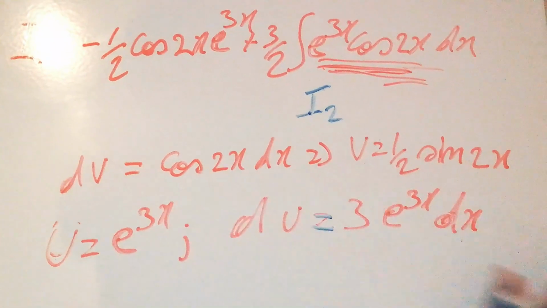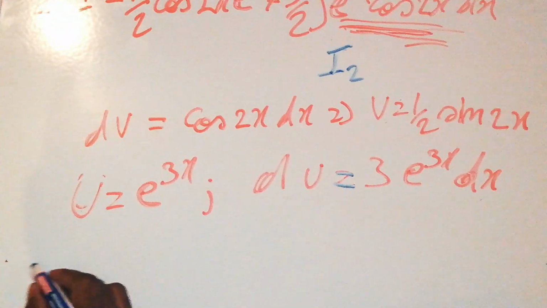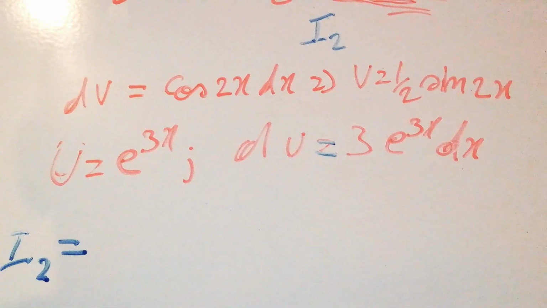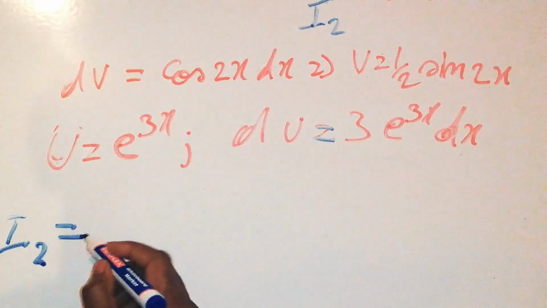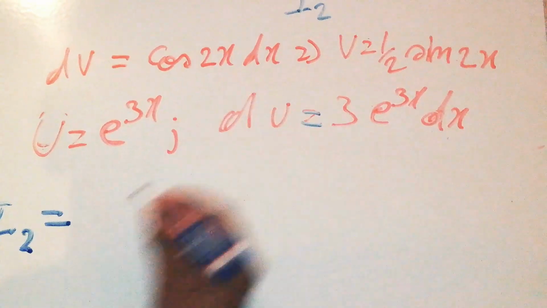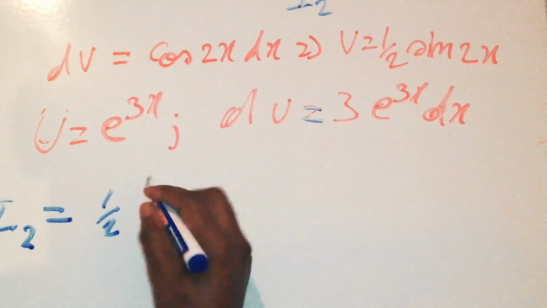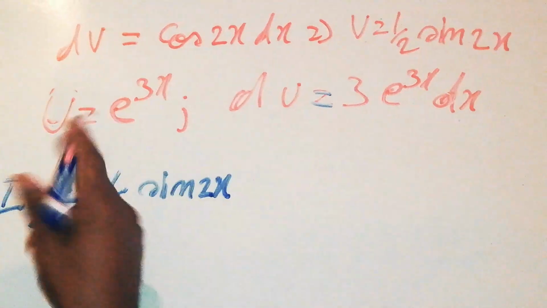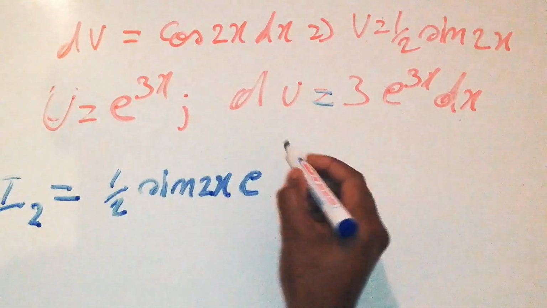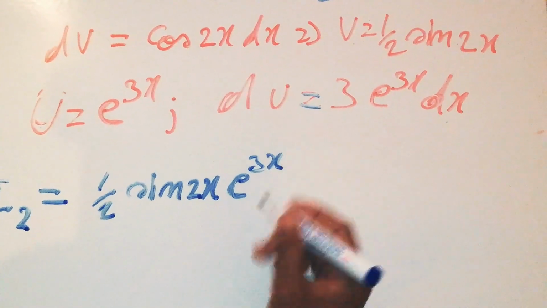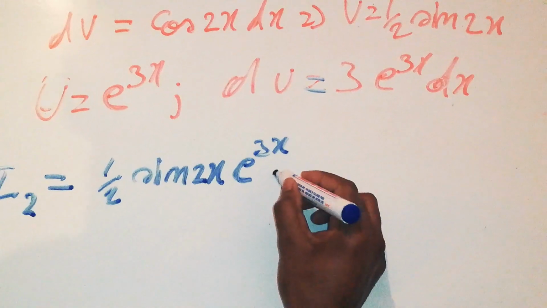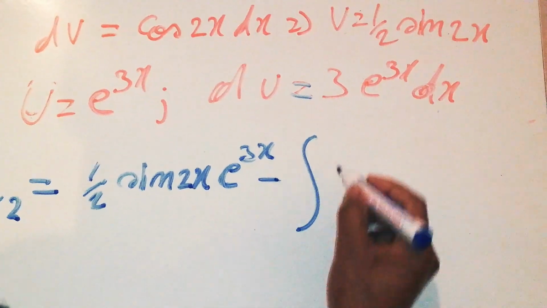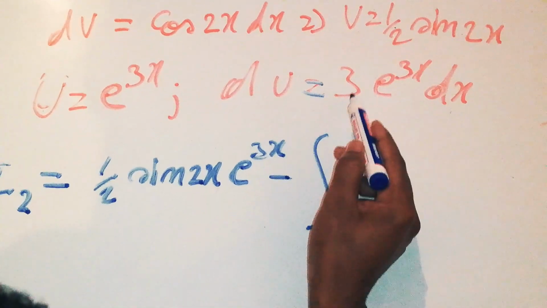So since I've done this part here, E2 is equal to vu. So v is 1 over 2 sine of 2x, and u is e exponent 3x, minus 1 over 2, I have 3.